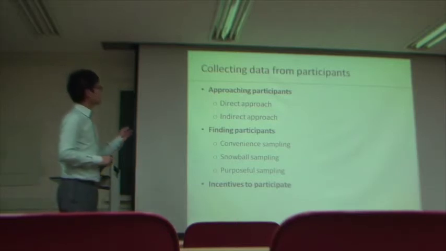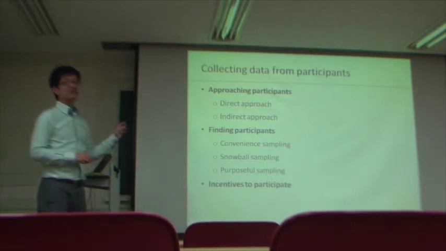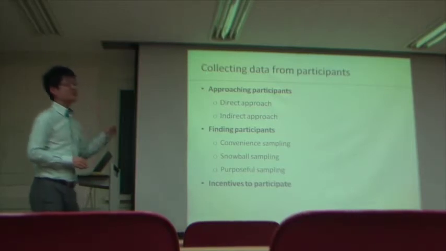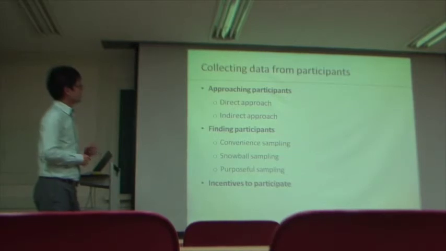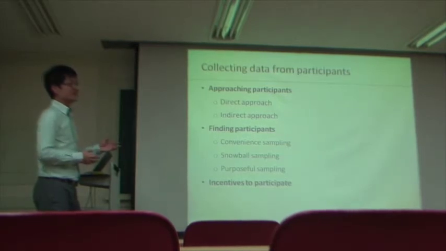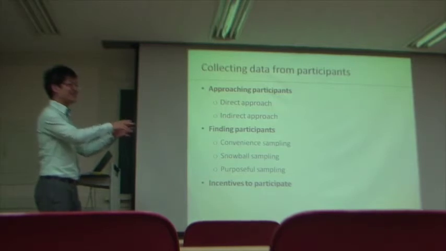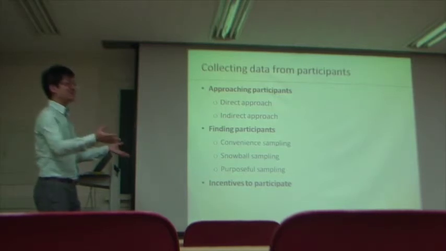Regarding the way to collect data from participants, there's a direct approach and an indirect approach. A lot of times US companies will hire another company that has a big pool of participants.